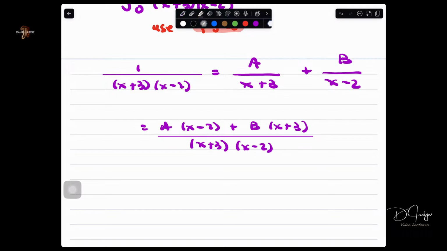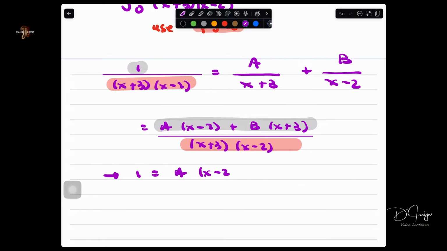So if we have equal fractions that have the same denominator, like we've seen in the past, that implies that your numerators are the same. So what that implies is that 1 will be a times x minus 2 plus b times x plus 3.